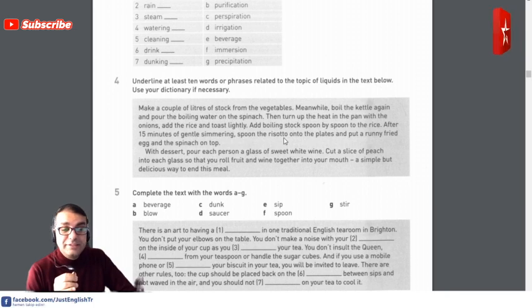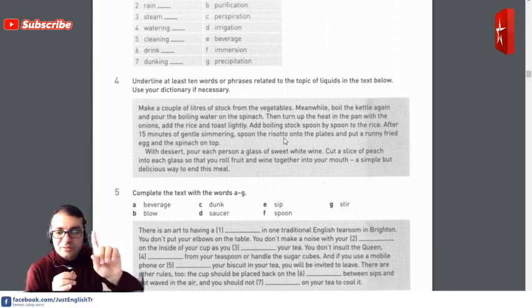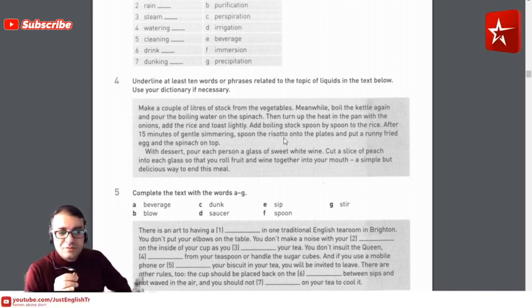So, what else? Correct, Naveen, correct. What else? One more. One word.